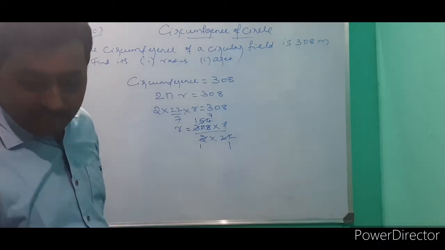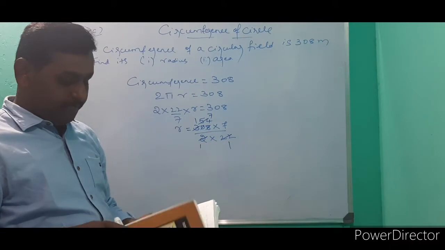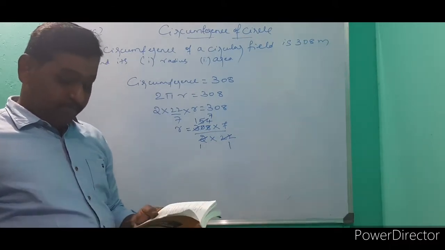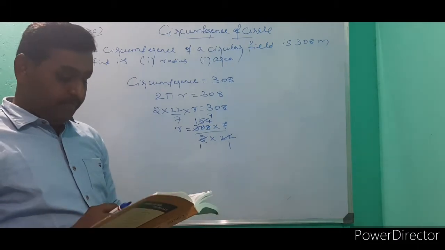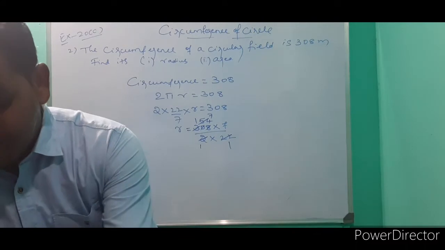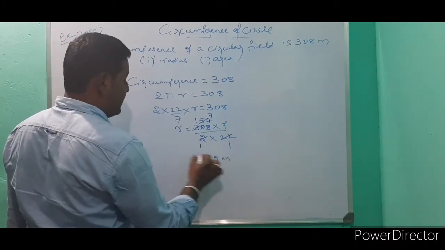This radius is 49. Let me check the answer. Yes, 7 sevens are 49 meter.